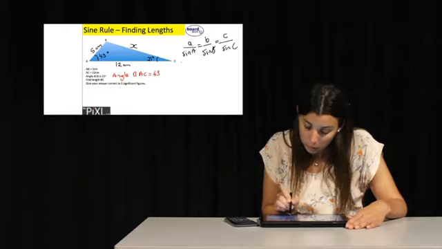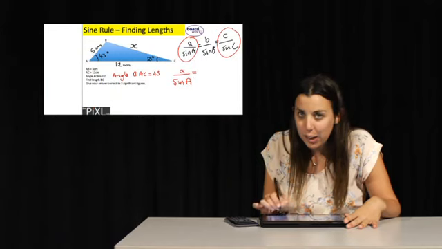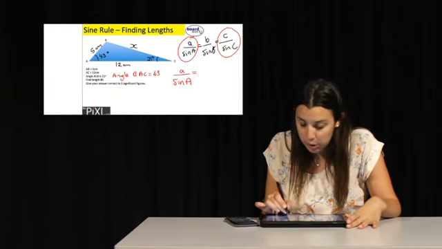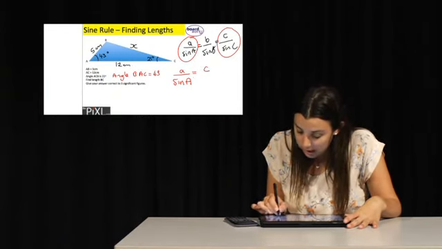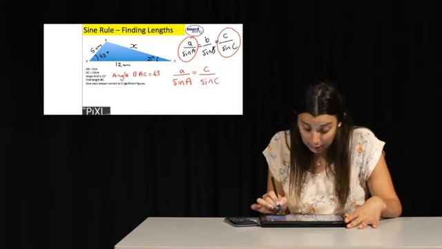In this case here, we're given C, the length, across here being 5, the angle being 21. That's a pair we have. We're trying to find the x, and we know the corresponding angle, which is A, is 43. So in this case, we're going to use this and this, and we know they're equal to each other. It doesn't matter about this B here in the middle. If we write this out again, we have a divided by sine A equal to c over sine C. And then we simply substitute in our values.